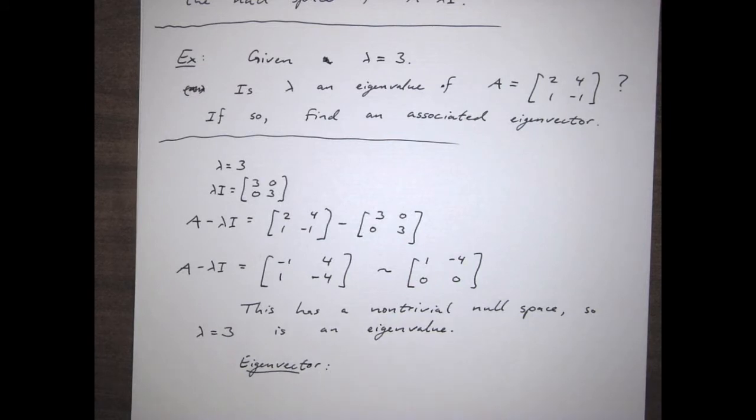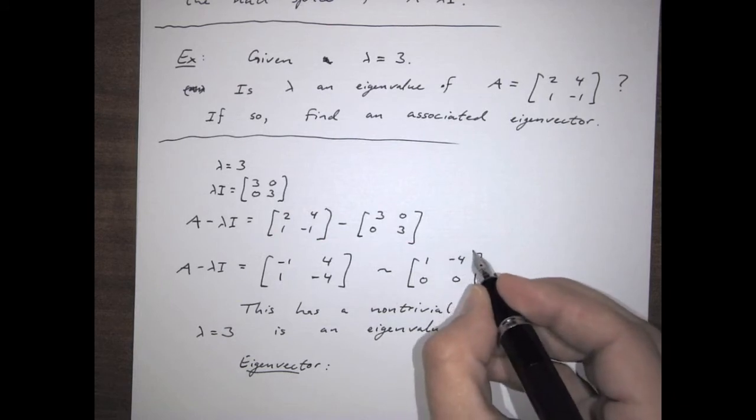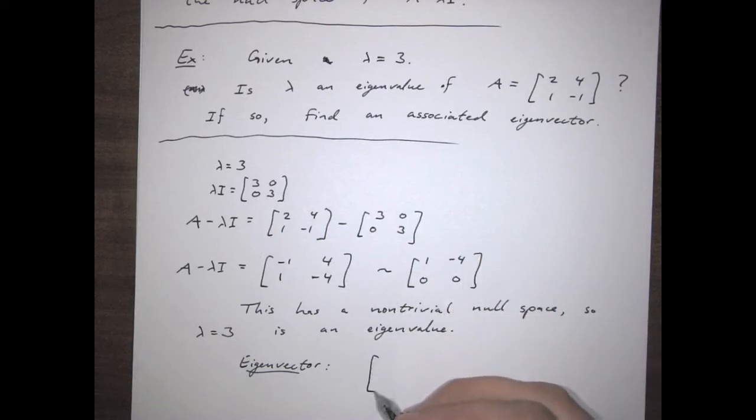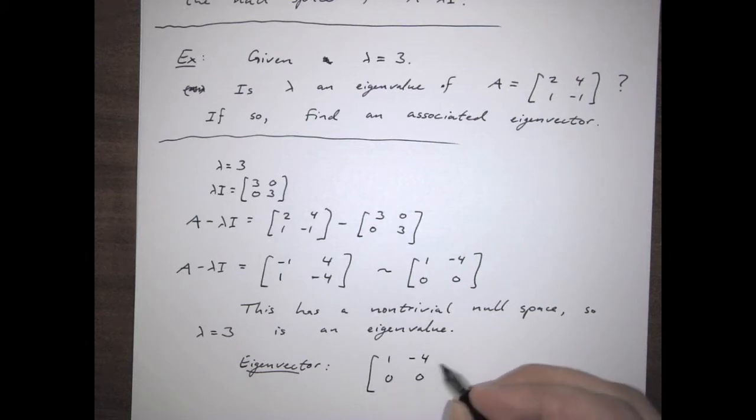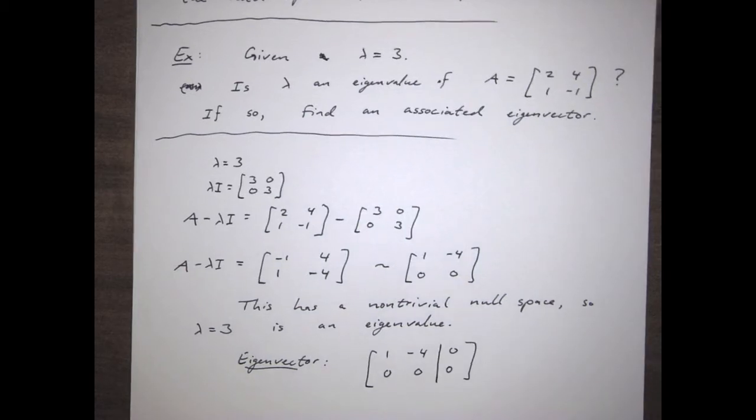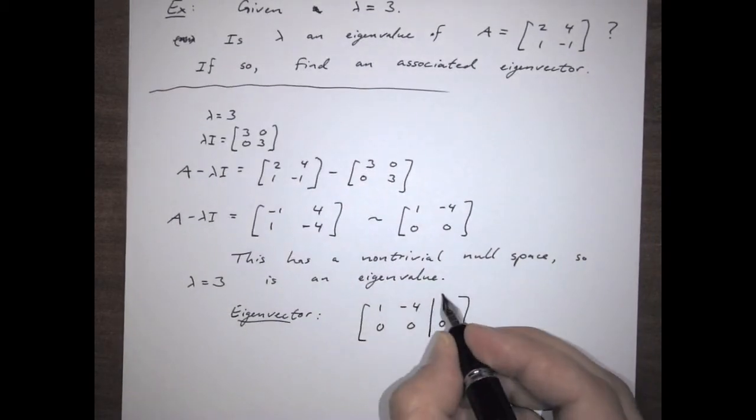Eigenvector. Well, we can just pop on a couple of zeros in typical row reduction fashion.